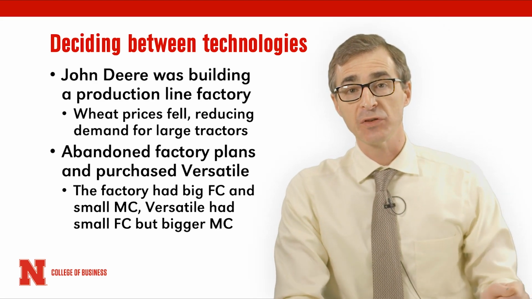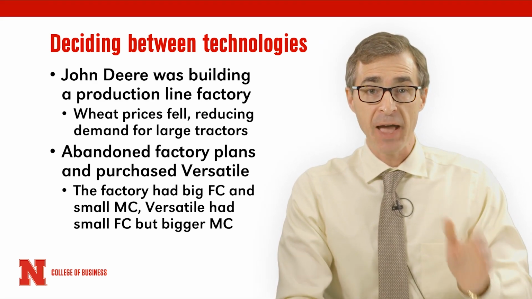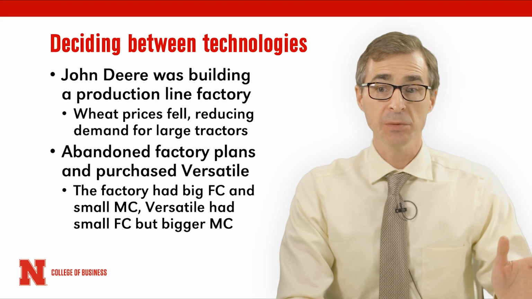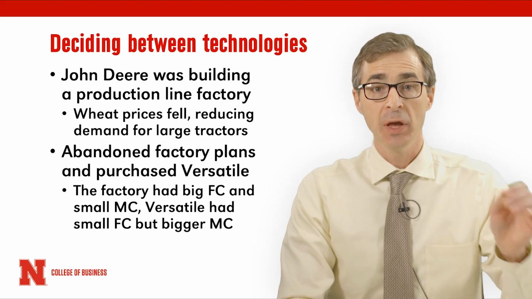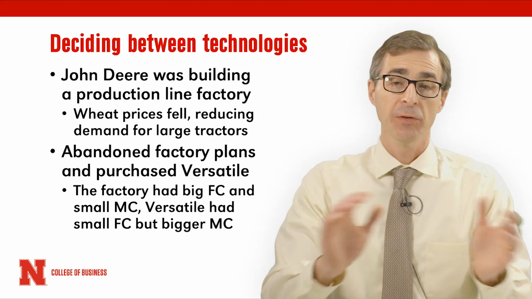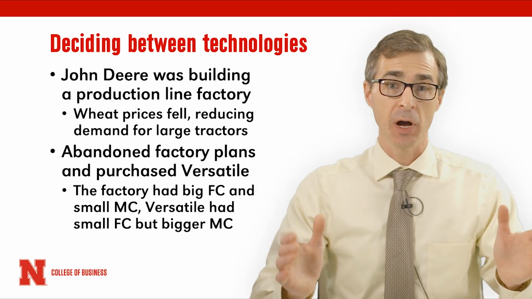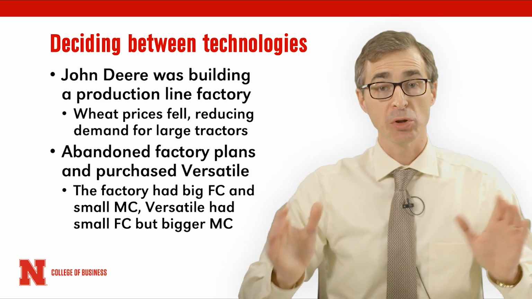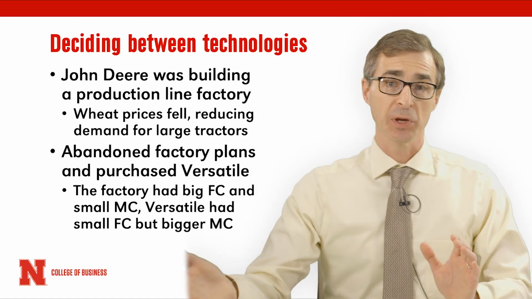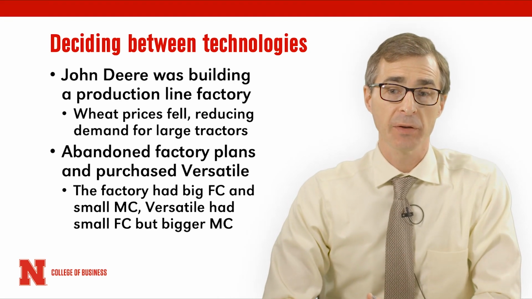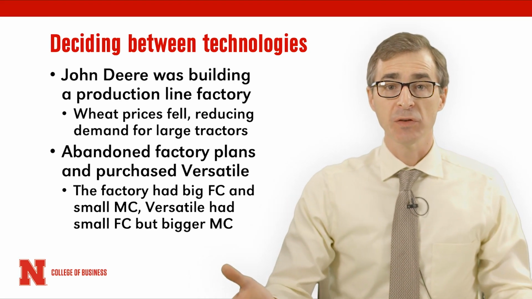Now, this was a discrete investment decision. The factory that Deere had originally contemplated had large fixed costs and smaller marginal costs. Versatile had smaller fixed costs, a smaller scope of operation, but larger marginal costs because they were using off-the-shelf products. Was this a good decision or not?